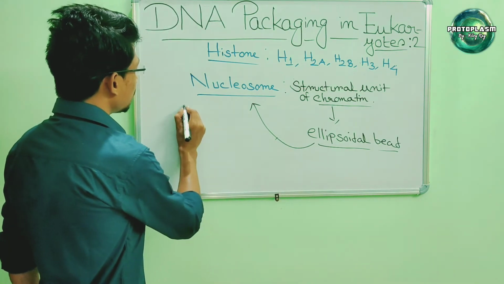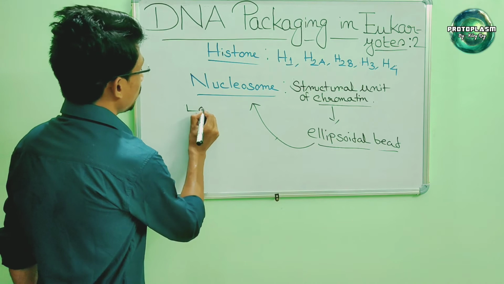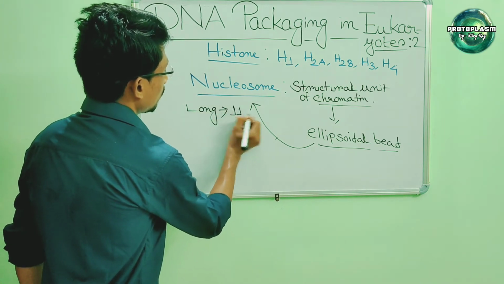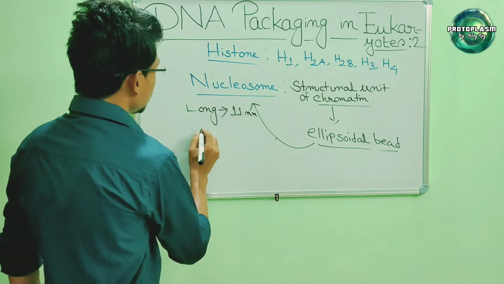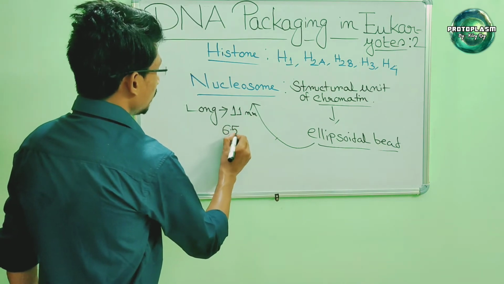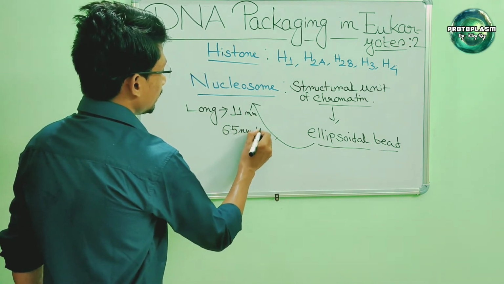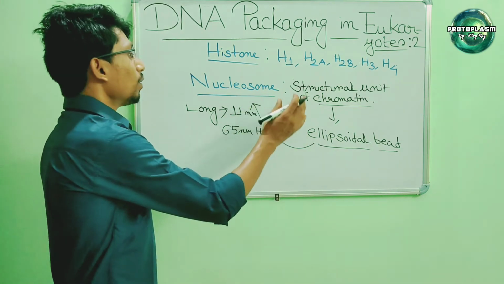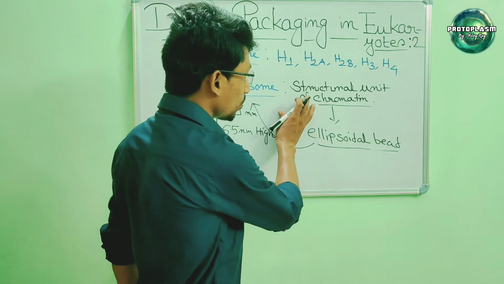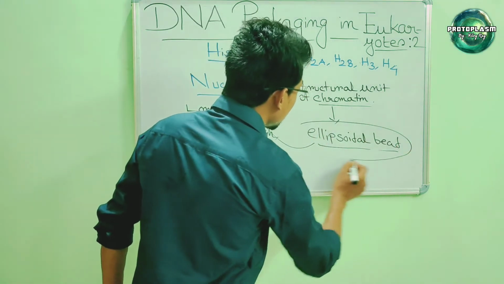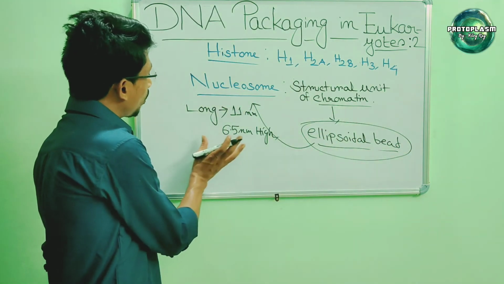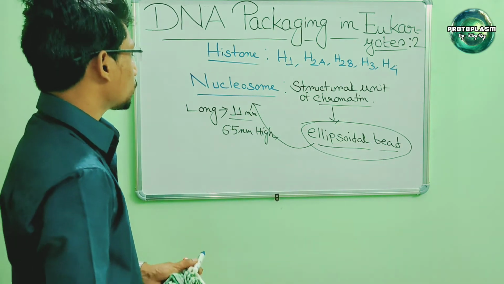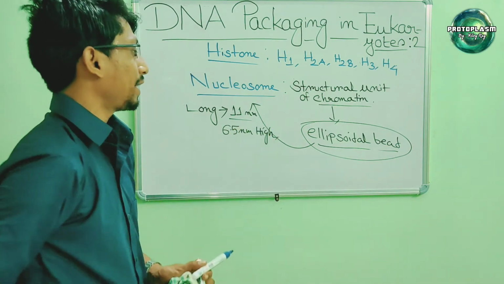The dimensions are around 11 nanometer long and 6.5 nanometer high. These ellipsoidal beads on the string of DNA are 11 nanometer long and 6.5 nanometer high.